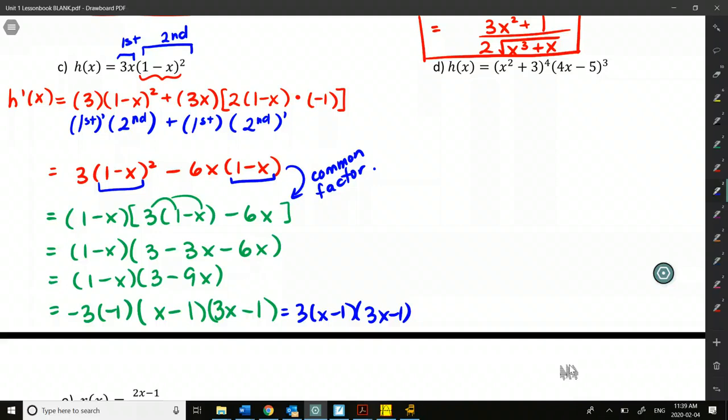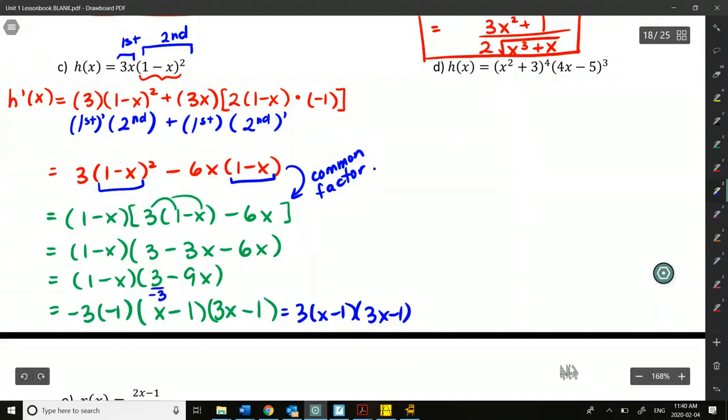Okay, any other questions on any steps that I've done here? Grayston? How did you go from 3 minus 9 less than 2x minus 1? So I took out a negative 3.